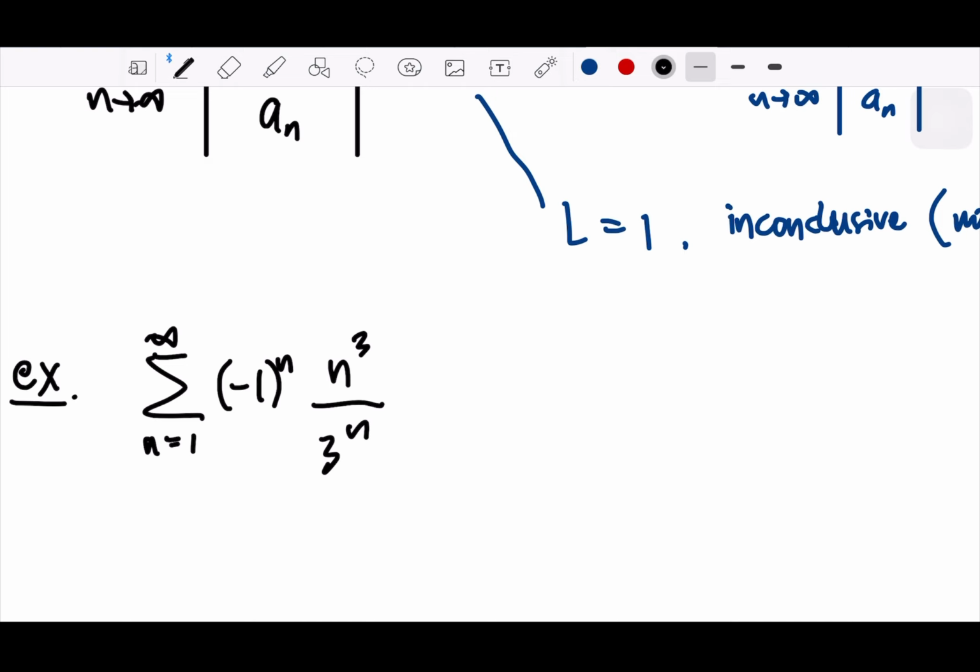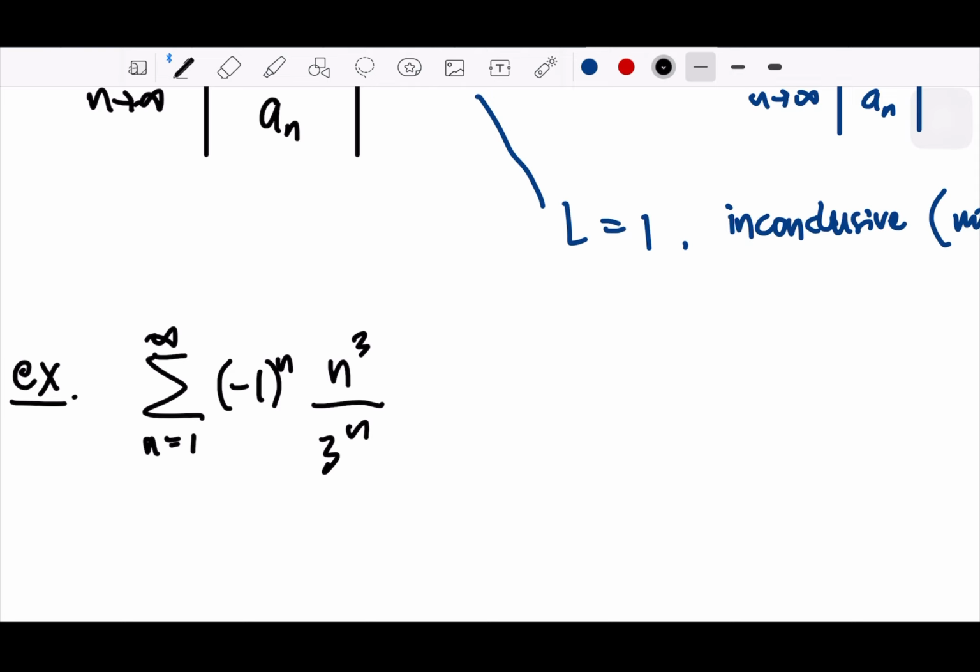So imagine this series and imagine the n+1 of this form, if you exchange n with n+1. This is actually a quite obvious series that we might want to try the ratio test on.